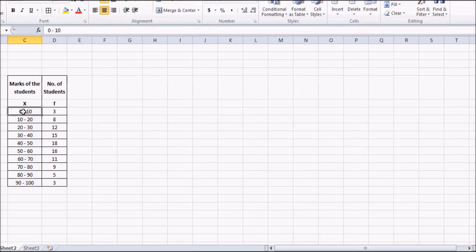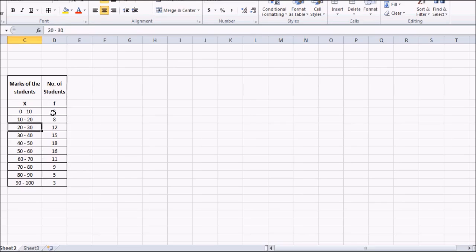This here means that there are 3 students who have scored between 0 to 10 marks. Further, there are 8 students whose marks are between 10 and 20, 12 students in this class interval of 20 to 30, and so on up to 100.